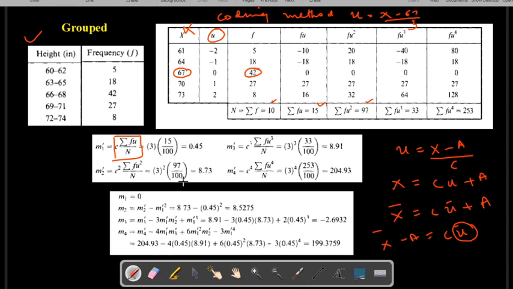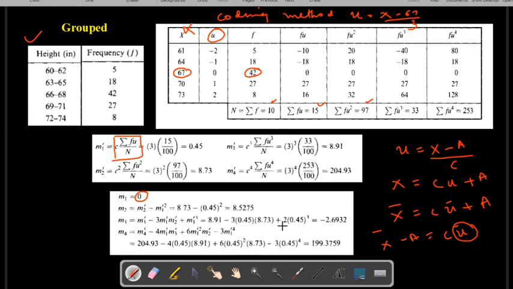Now to find the moments about mean, they have used the relationship between moments about mean and moments about origin. So they have written these two values, we have substituted and found all the four moments about mean. This is always zero, no need to calculate. The other three only you have to calculate.